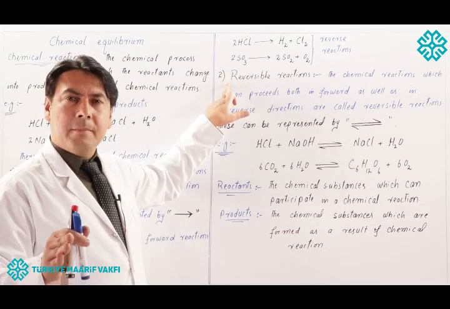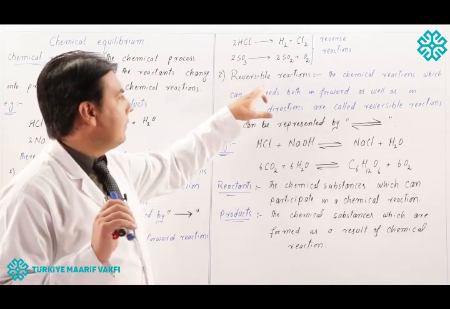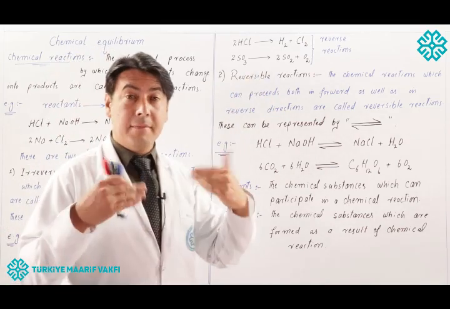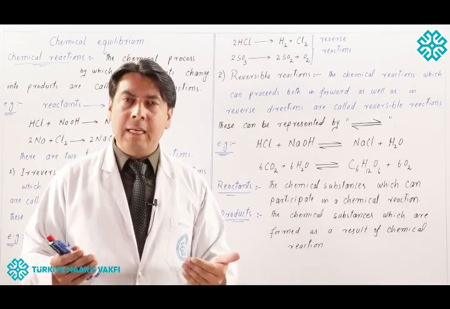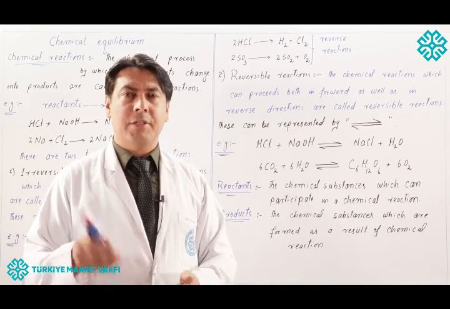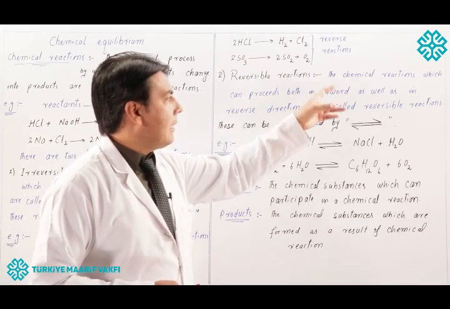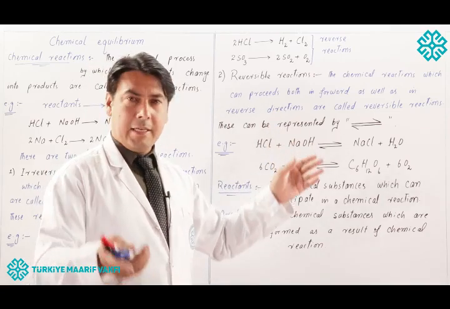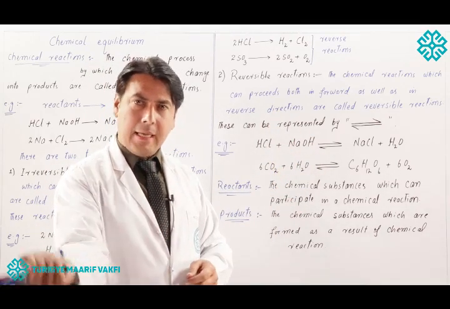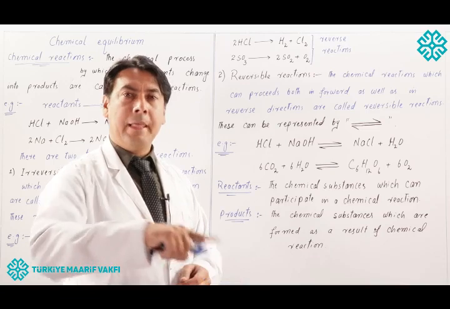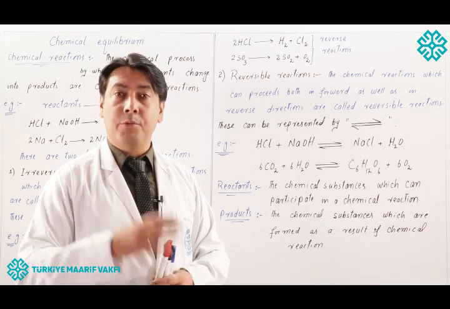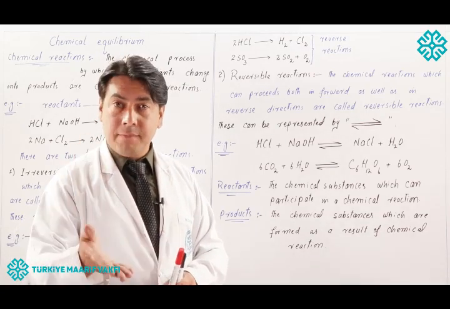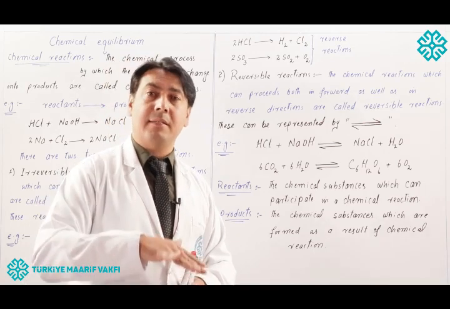Another type of chemical reaction is the reversible reaction. We can define a reversible reaction as a chemical reaction which can proceed both in the forward as well as in the reverse direction.